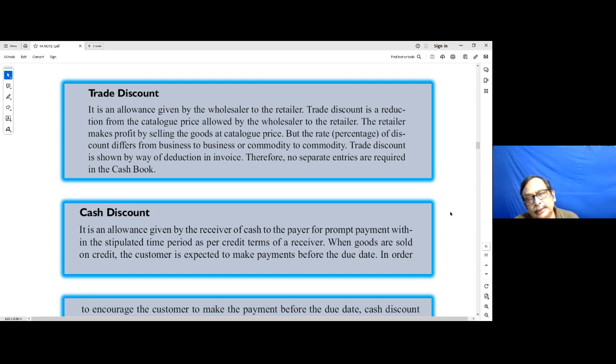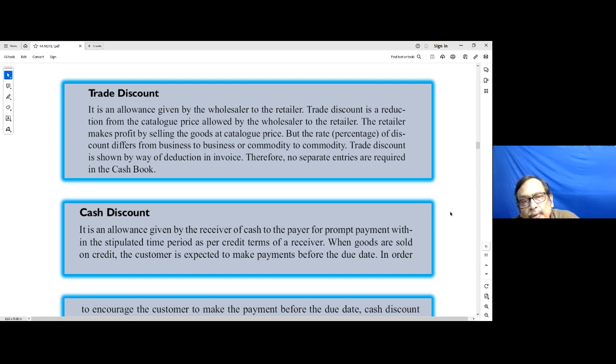Catalog price means the price of the goods actually mentioned in a catalog, and when the wholesaler sells the goods to the retailer, the wholesaler allows a certain discount to the retailer on the catalog price.